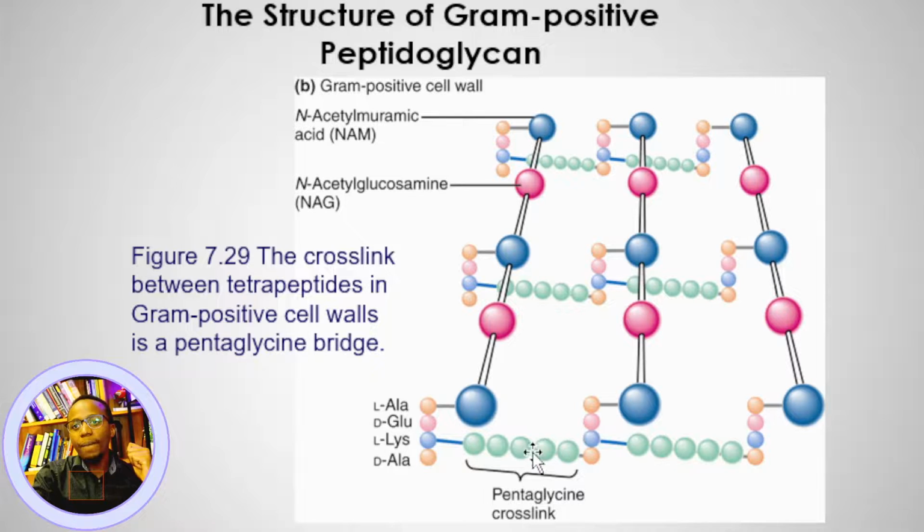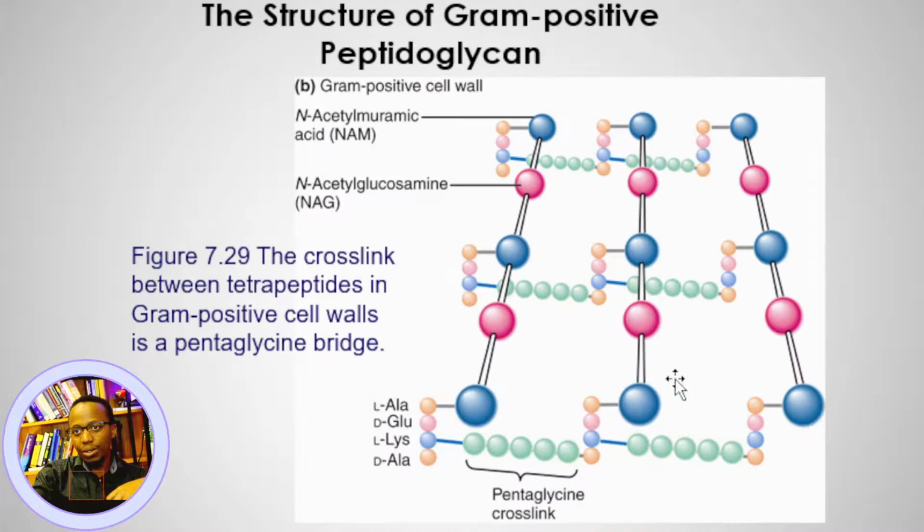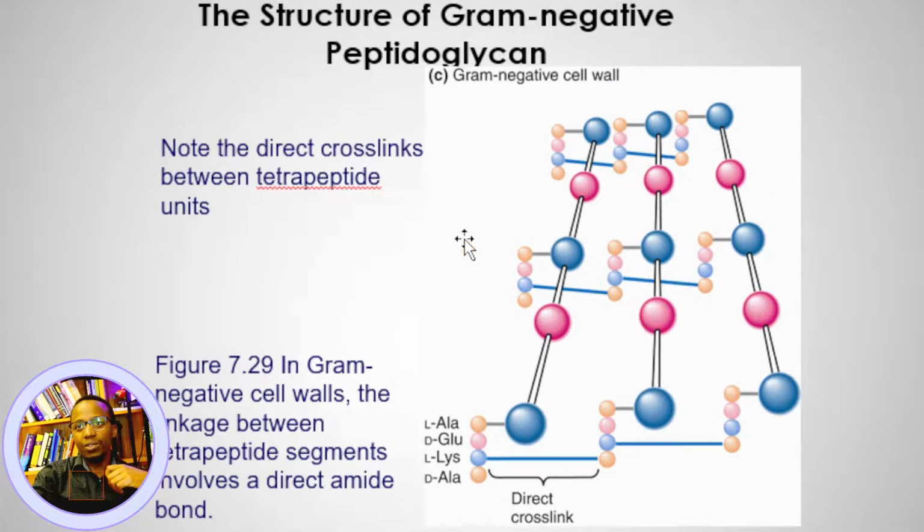So it's also a peptide, 5 glycines that are bound to it, right? So this is in the gram-positive. Going back to this gram-positive, we're zooming into this layer to see how it looks. It's a layer composed of sugars bound by 4 peptides, and then a pentaglycine crosslink, right? This is what it's made of, gram-positive.